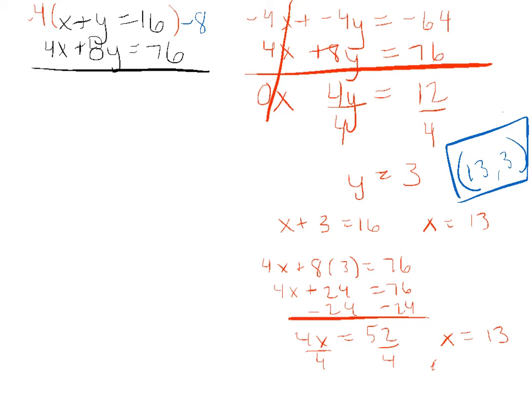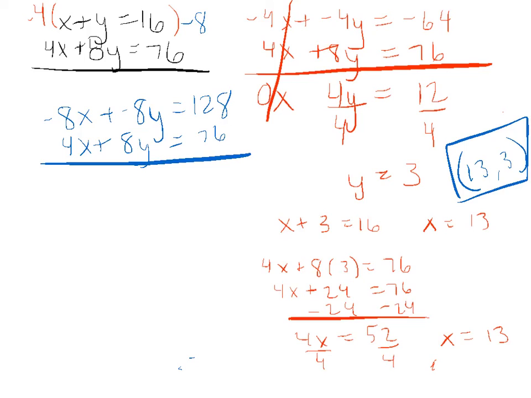If I did that, I would have had -8x plus -8y equals, I am not sure, 16 times -8. However, my handy dandy calculator told me it is -128. And then my second equation remains the same. 4x plus 8y equals 76.